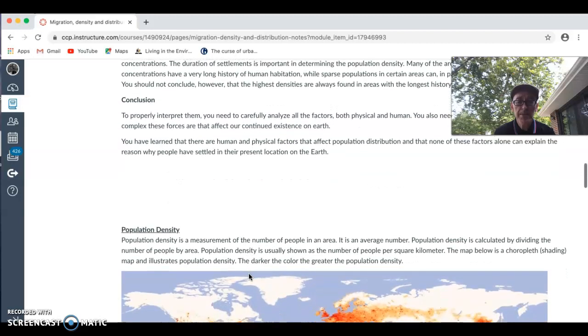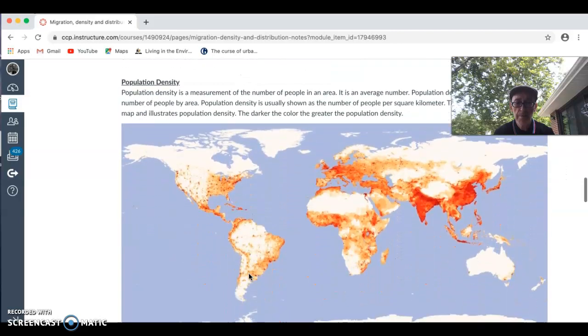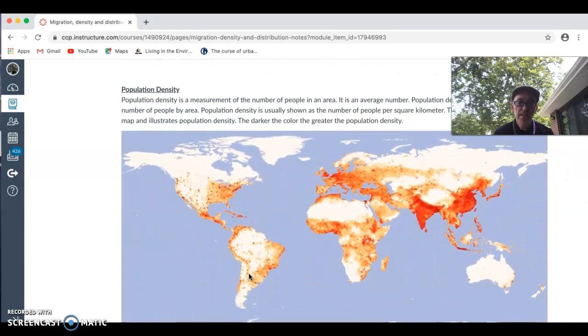Then there is population density. This is the measurement of the number of people in a specific area. If we look, there's a very distinct concentration of people here, and the reason why is the river Ganges, with lots of people surviving due to that river, along that river plain.